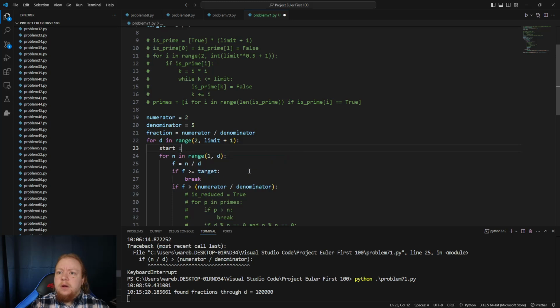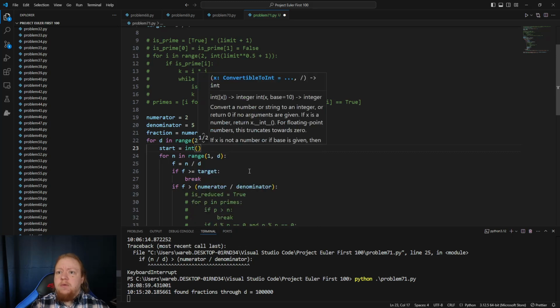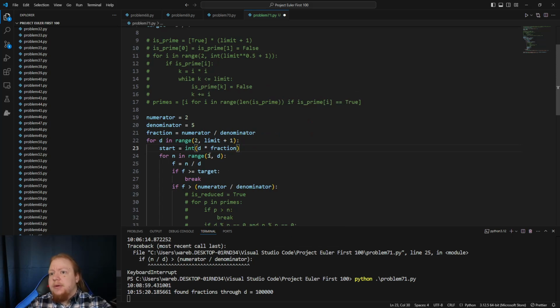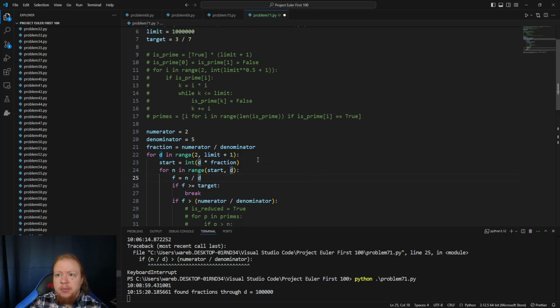So I'm going to say start is equal to the int of d times the fraction. And that should cut down our time significantly, especially as we start getting to these higher numbers.